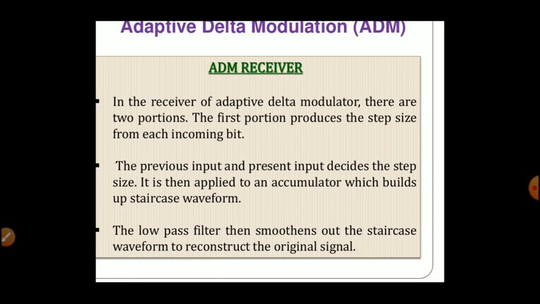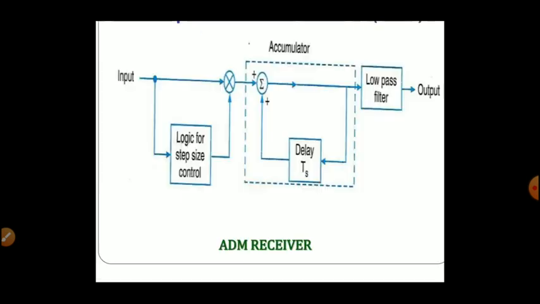The low pass filter then smooths out the staircase waveform to reconstruct the original signal. The figure shows the ADM receiver. It consists of input, logic for step size controller, then a delay, then a low pass filter, then output.